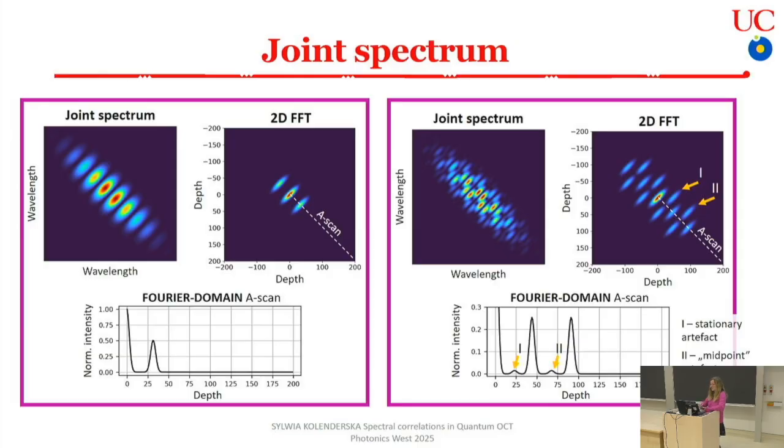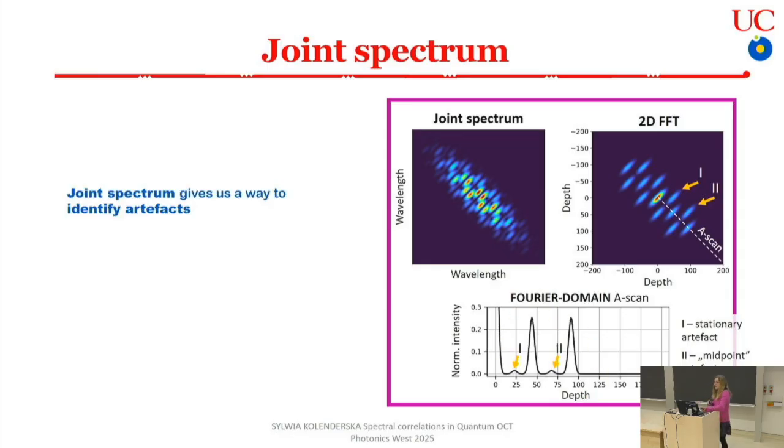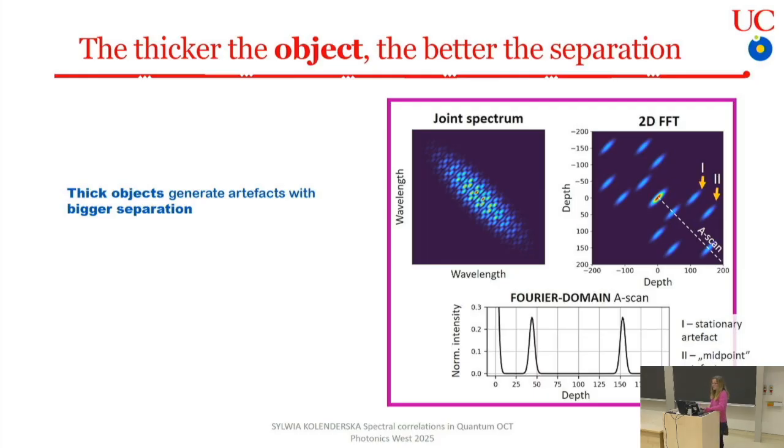When I zoom, you can see the traces of the artifacts. But the good thing for Fourier-domain quantum OCT is that we have a way to identify them: off-diagonal elements are artifacts, diagonal elements are the structure.